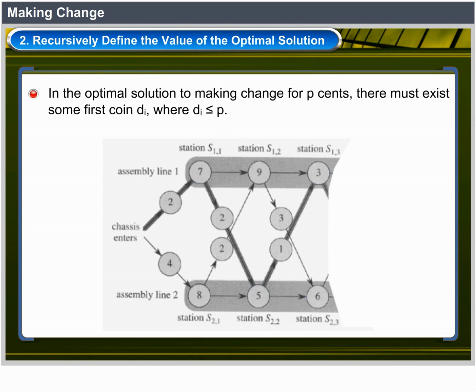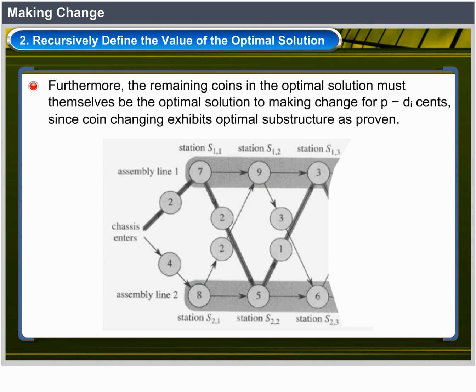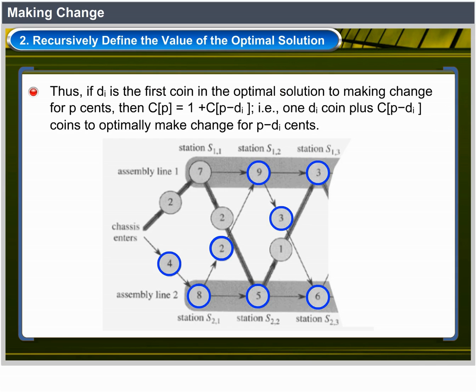In the optimal solution to making change for P cents, there must exist some first coin di where di is less than or equal to P. Furthermore, the remaining coins in the optimal solution must themselves be the optimal solution to making change for P minus di cents, since coin changing exhibits optimal substructure as proven. Thus, if di is the first coin in the optimal solution to making change for P cents, then C(P) equals 1 plus C(P minus di), that is, 1 di coin plus C(P minus di) coins to optimally make change for P minus di cents.